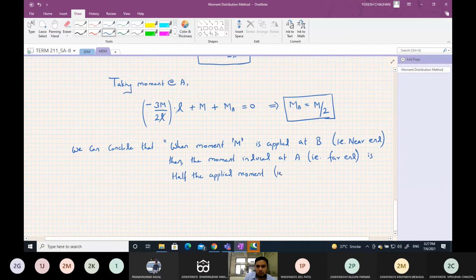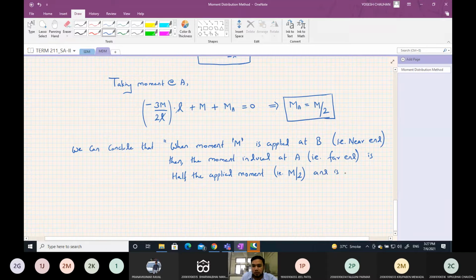Okay, that is M by 2. This is the case when the far end is fixed. The moment induced at A is half the applied moment and is of the same sense.